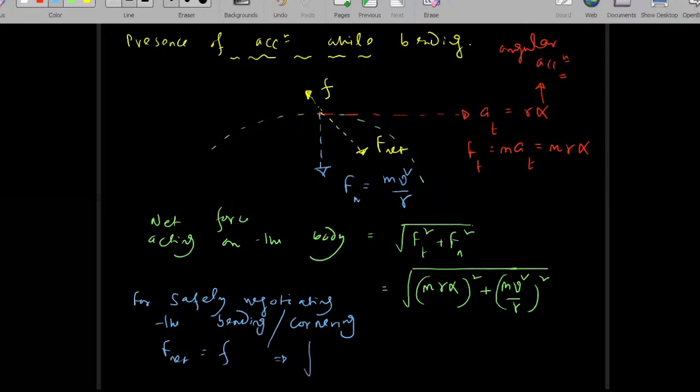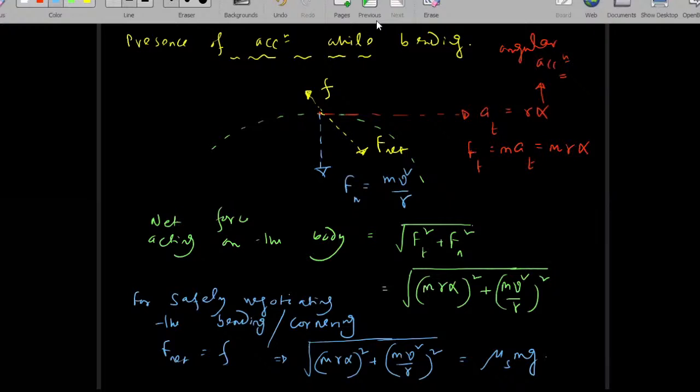So root under of (m r alpha) square plus (m v square by r) whole square is equal to mu s into m g. Okay? Now let me give you one warning here. Not necessary that everywhere we'll be using this situation. In general, in the easiest possible scenario, we are doing this.